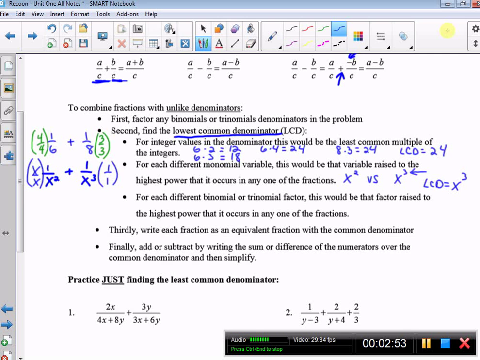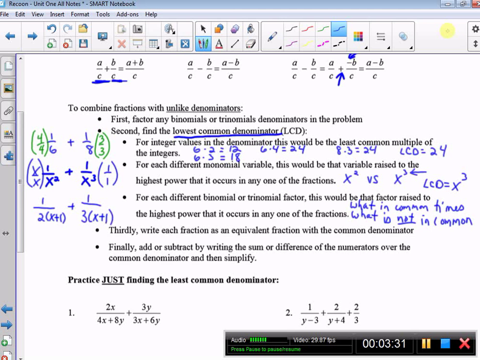Another kind is where you'd have binomials or trinomials that have been factored. What I look at in this case is what they have in common times what is not in common. So let's say, for example, you had 1 over 2 times x plus 1, plus 1 over 3 times x plus 1.